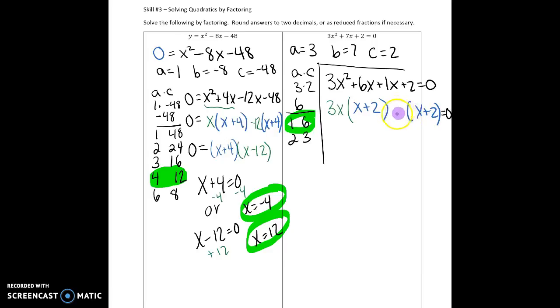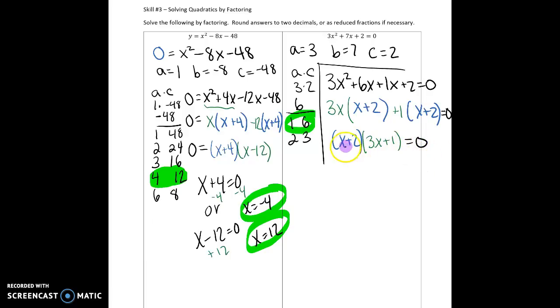So I still need something here though. Something times x should get me 1x. Well, that's just going to be a plus 1, and then 1 times 2 gets me 2. So now I'm good. You factor out your common factor. You have an x plus 2 times a 3x plus 1, and all of that equals 0.